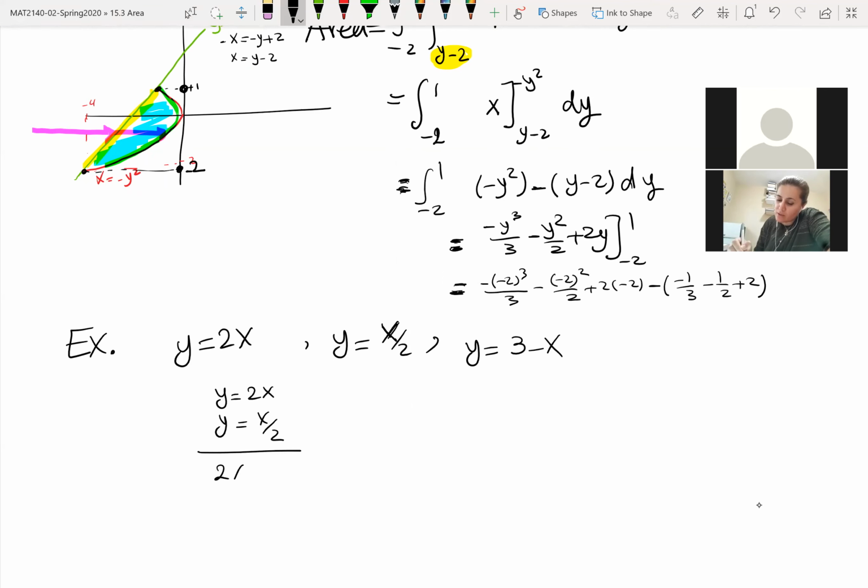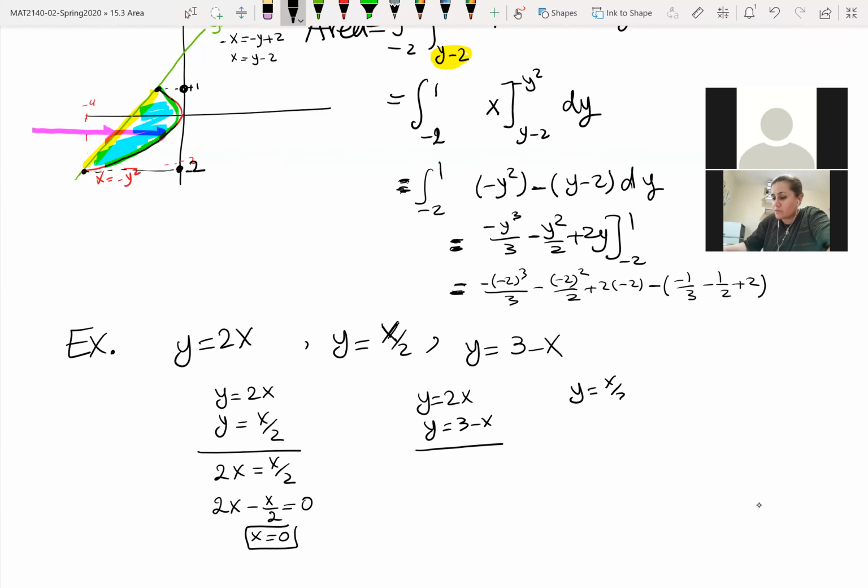So 2x equals x divided by 2, so then 2x is 0, right? So x equals 0 is one intersection for this one, because these two pass through the origin. This is for these two lines, and this is for these two lines, right?